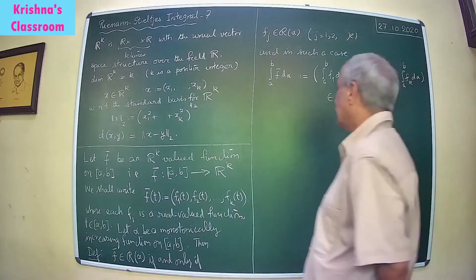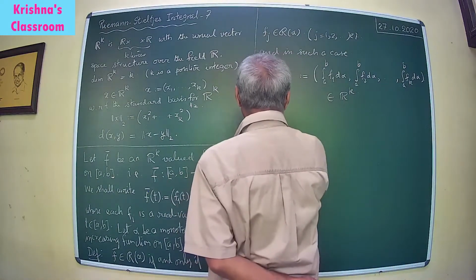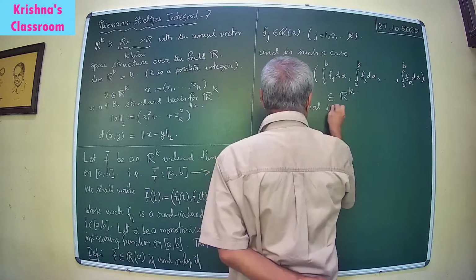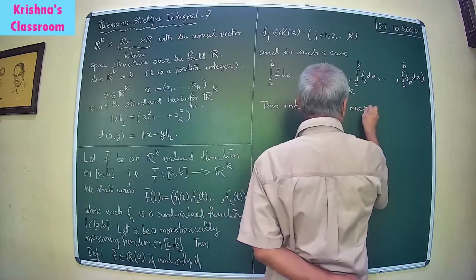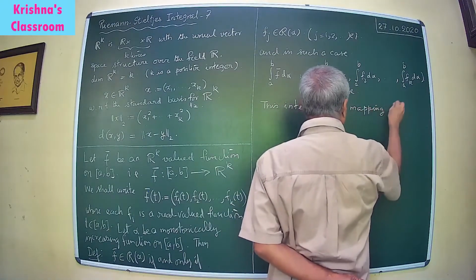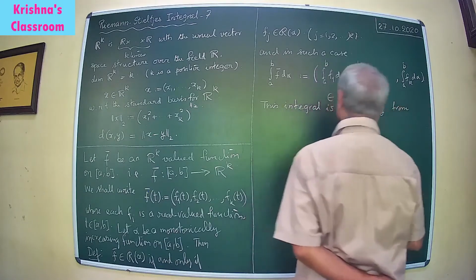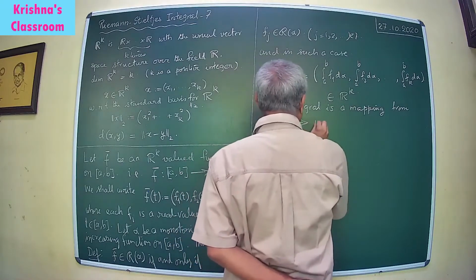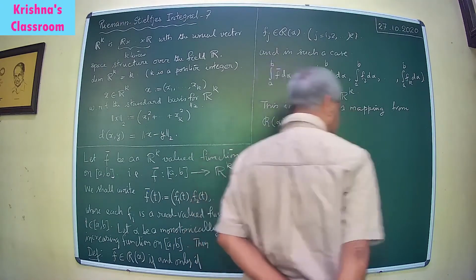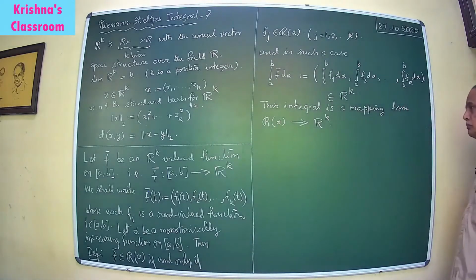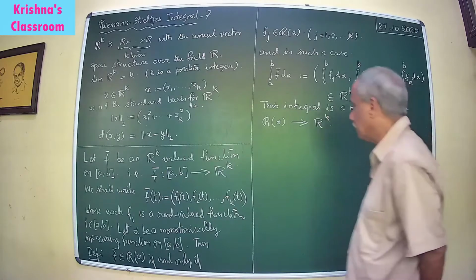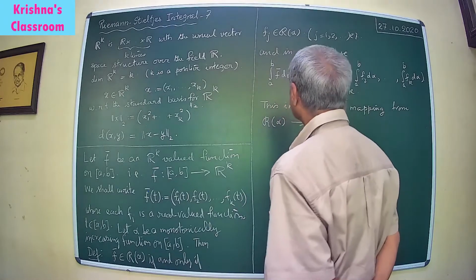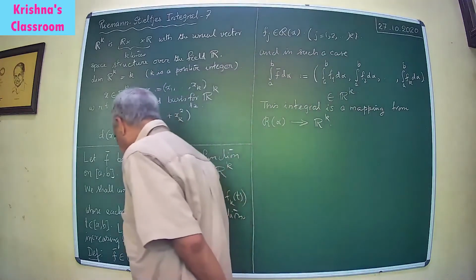Therefore, the integral is a mapping from R alpha into Rk. So let me put a notation.